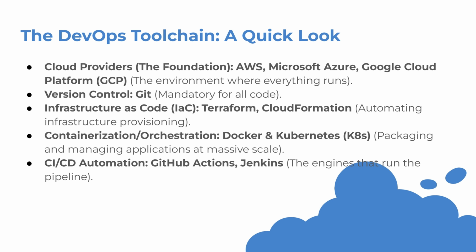That can be machines, that can be storage, that can be whatever you want in the cloud. This can be done through Terraform and CloudFormation. CloudFormation is specifically for AWS, and Terraform works with all the cloud service providers. Terraform is a specific technology which uses HCL as its language. CloudFormation is something which is introduced by AWS itself.